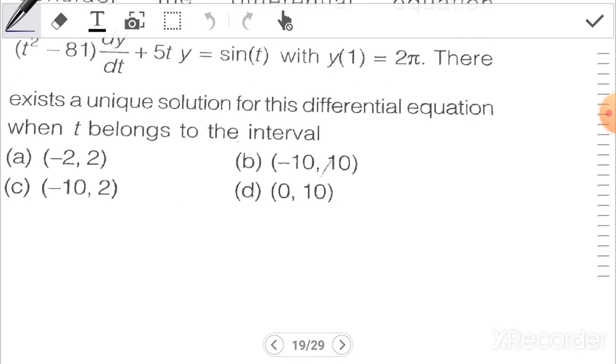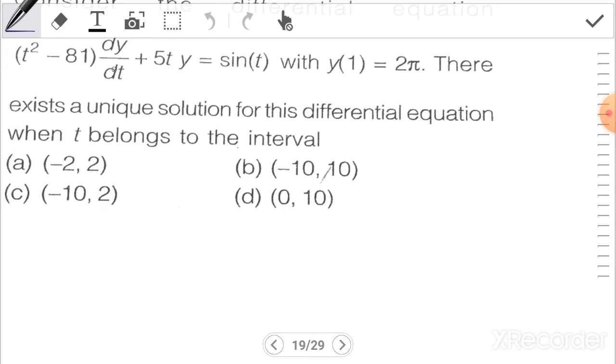Okay, so let us divide throughout by t² - 81.